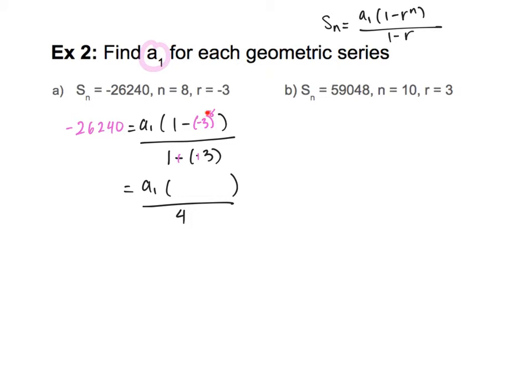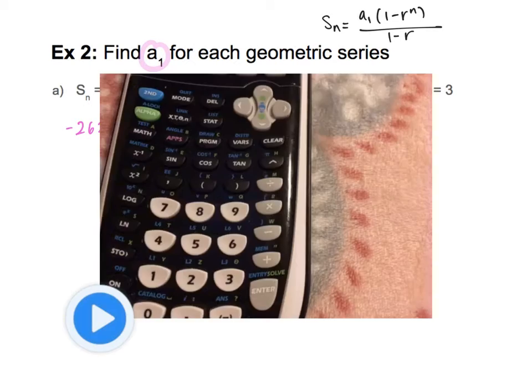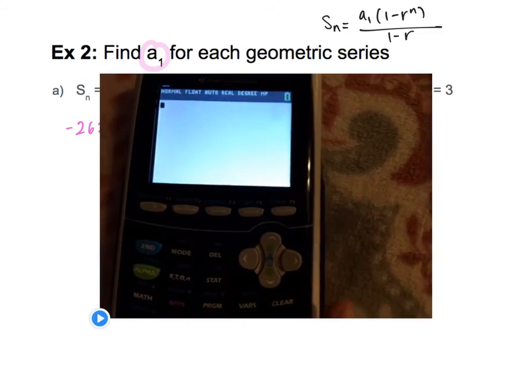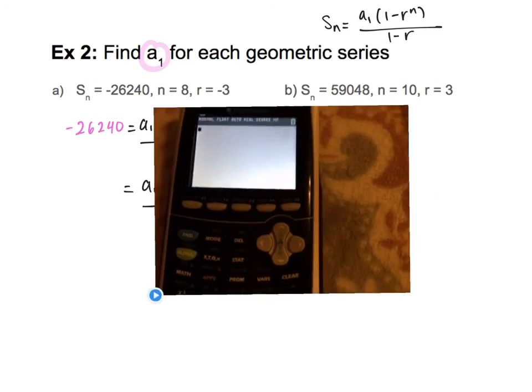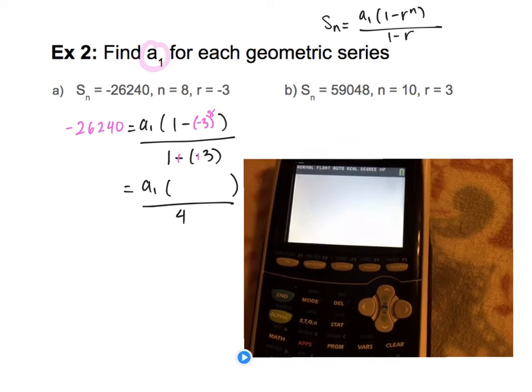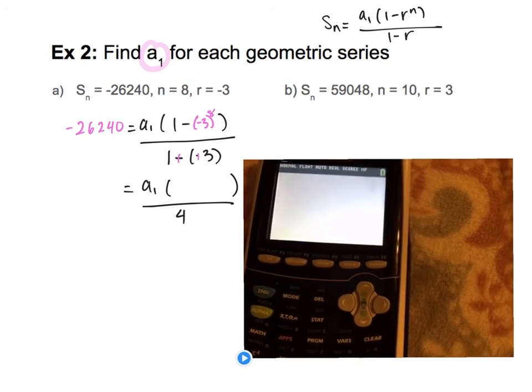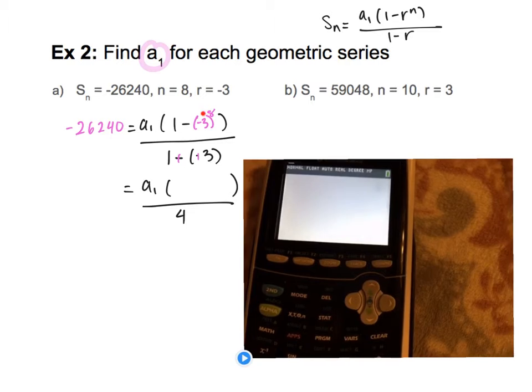Now, this part right here, I'm actually going to chug it into the calculator to figure out what that number is. So let me grab my camera. So here's my graphing calculator. When I plug this in, it's going to look just like it does in the parentheses here.